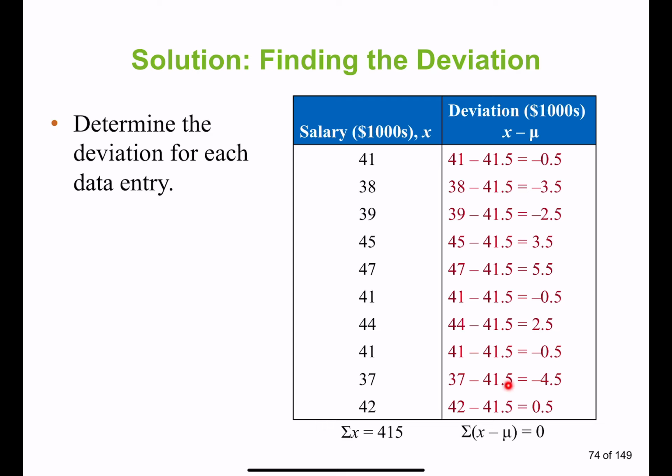So in this case, when the difference is negative, that means these salaries are below the average, because only then are you getting a negative number, right? 39 is less than 41 and a half, 38 is less than 41 and a half, 41 is less than 41 and a half.